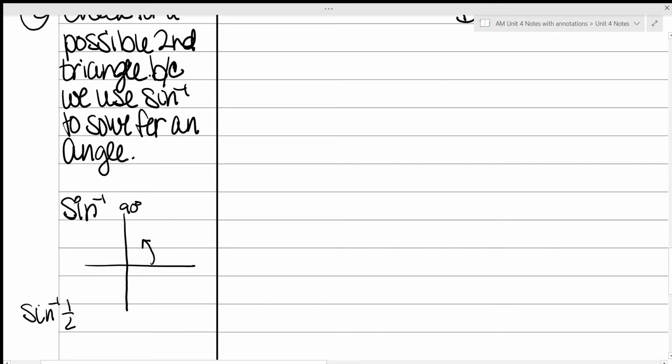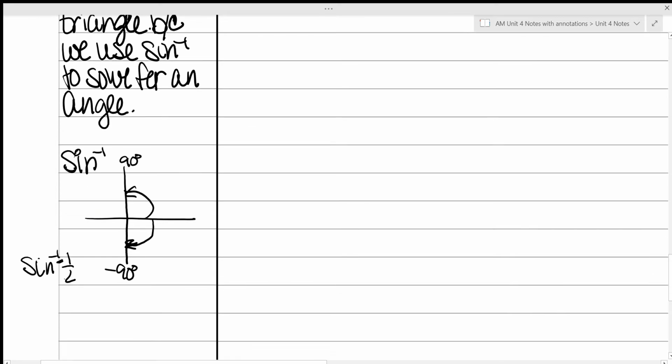And if I had a negative, then I would look in quadrant 4 and use a negative angle. So this is -90, and if I was doing -1/2, that equals -30 degrees.